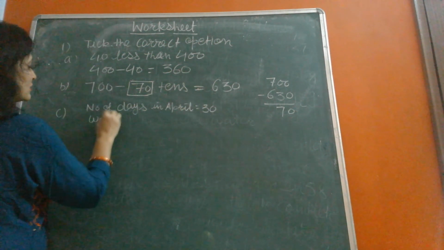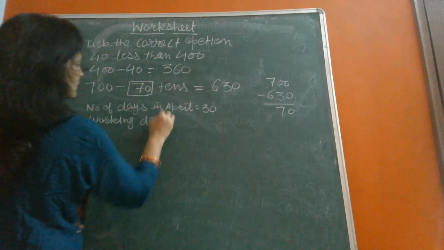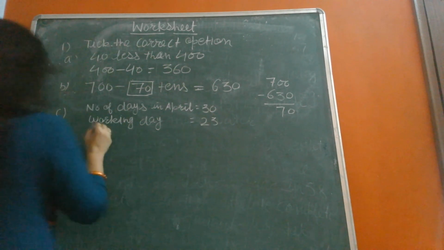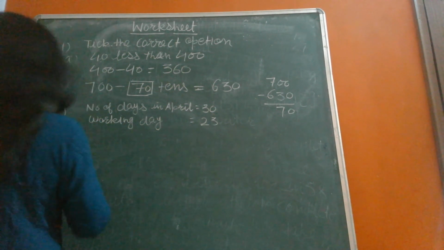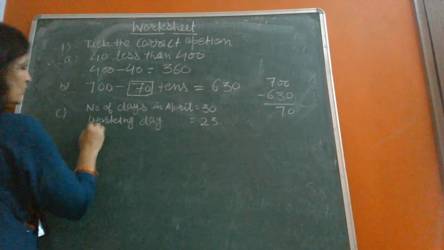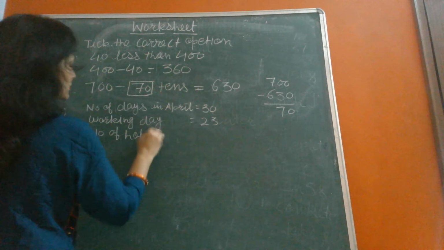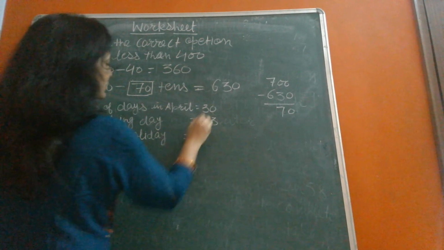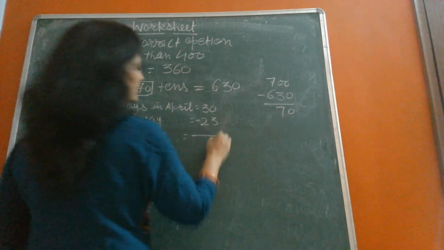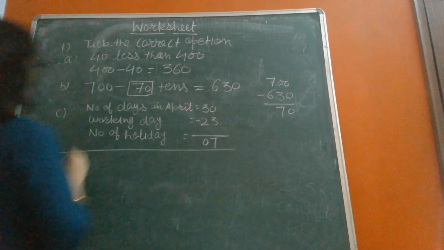Working days are 23, and it is asking how many days were holidays. If we subtract 23 from 30, then there are 7 days of holidays.